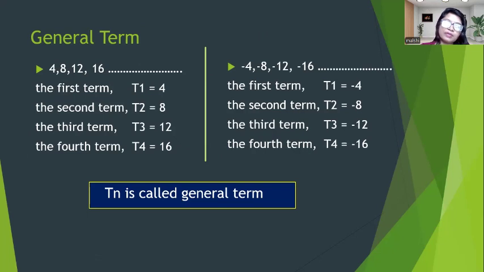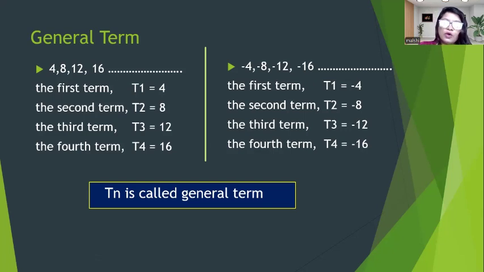According to the first example, the pattern goes like 4, 8, 12, 16, and so on. Here, the first term, called T1, is 4. The second term is 8 and it's called T2. Likewise, Tn is called the general term.